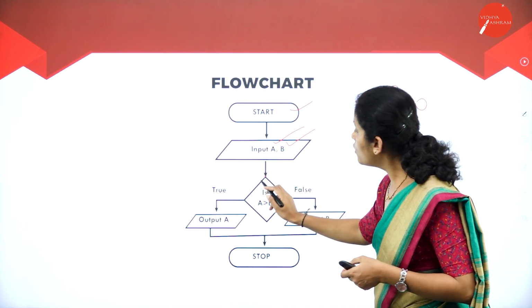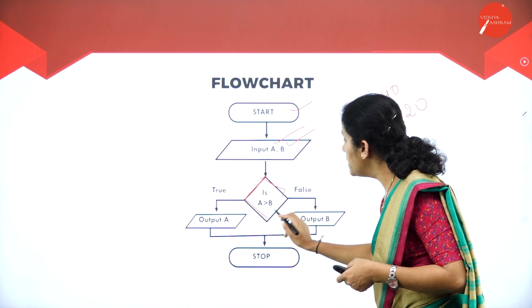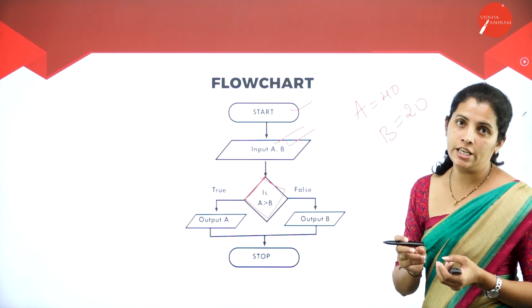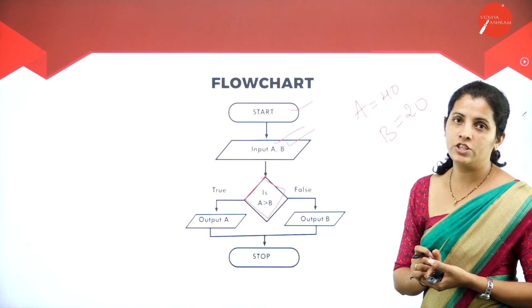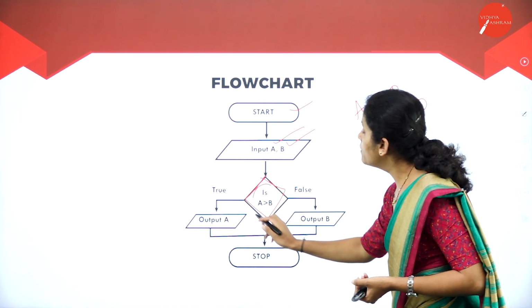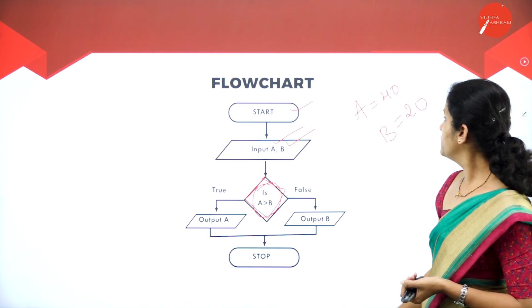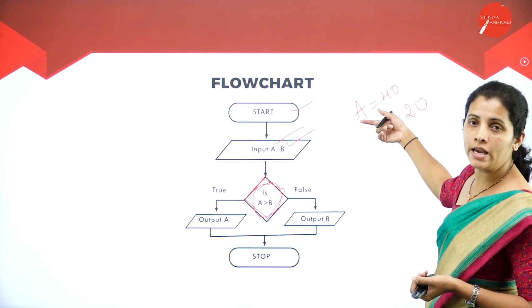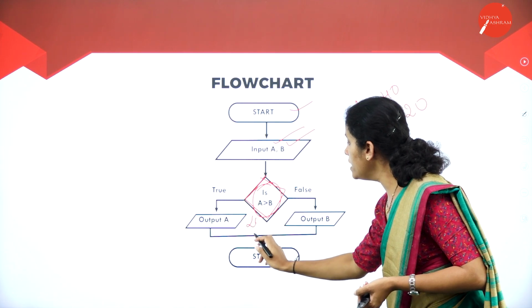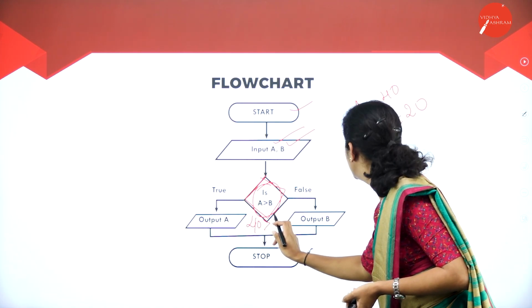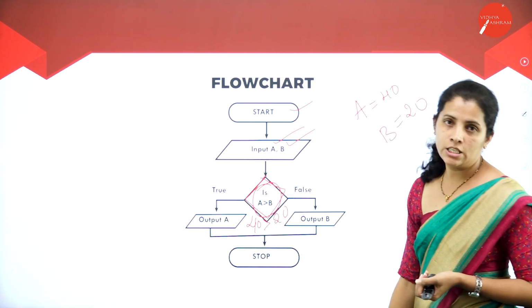So here rhombus symbol is mainly used to check the condition as well as branching. So here I'm going to check is A greater than B. So what is the value of A here? That is 40 greater than 20. It is true.